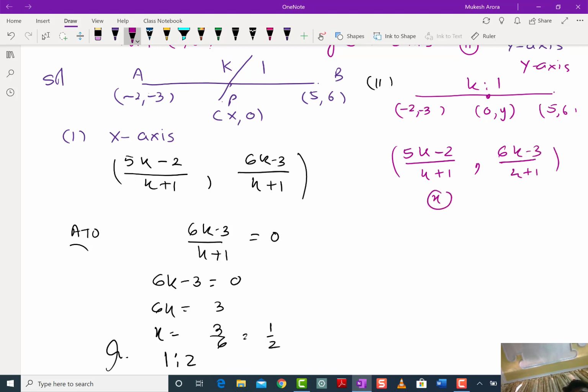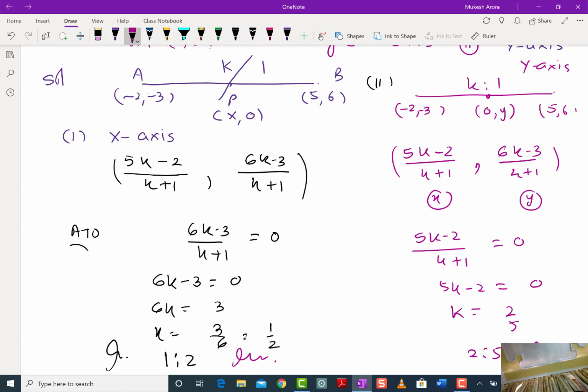This is x and this is y. x has no value, so 5k minus 2 upon k plus 1 is equal to 0, 5k minus 2 is equal to 0, k is equal to 2 by 5, 2 ratio 5. So both the answers are right and both have a different answer.